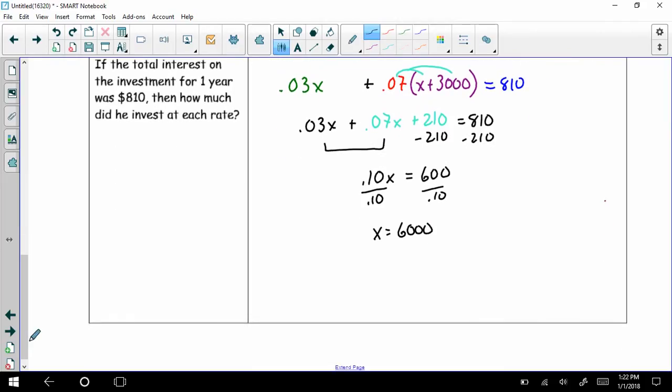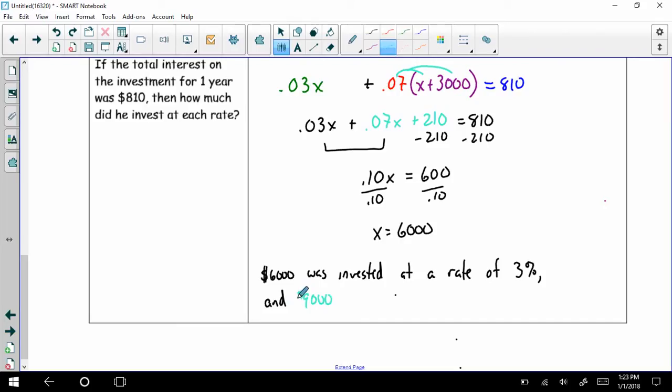So how I'm going to communicate this is: 6,000 was invested at a rate of 3%. And 9,000 was invested at a rate of 7%.